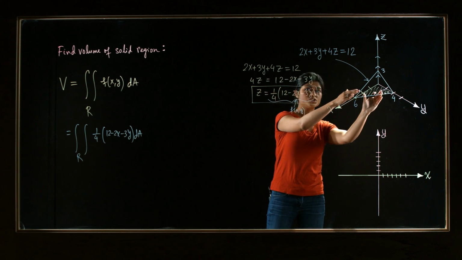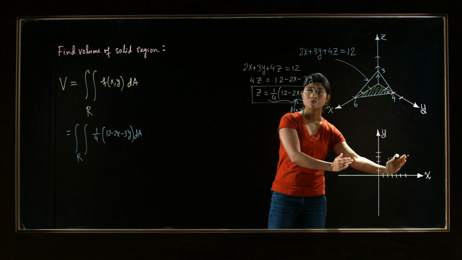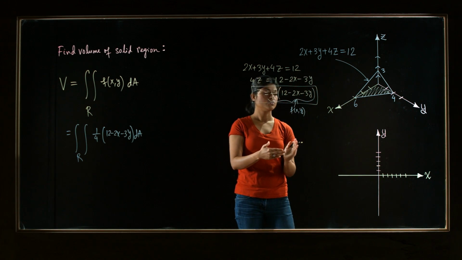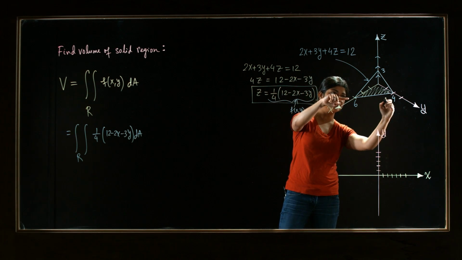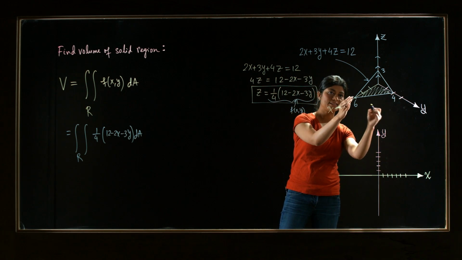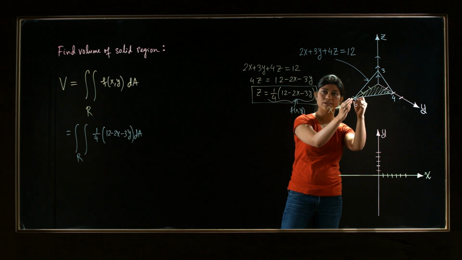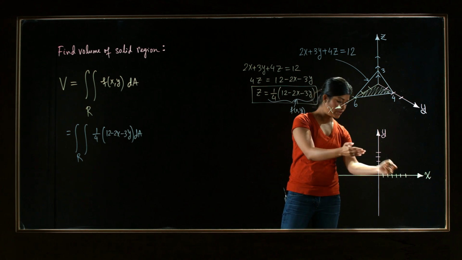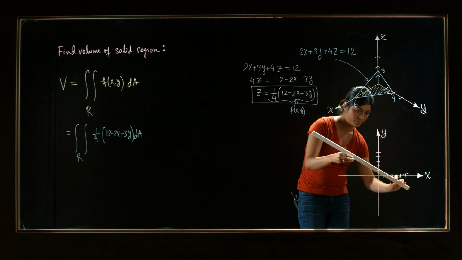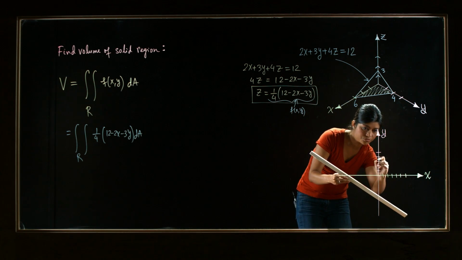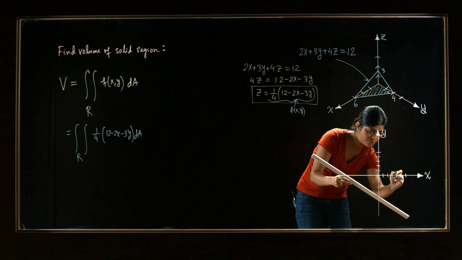Now, let's try to understand that region in two dimensions so that we can figure out the bounds for x and y. You see that there's a line and it's passing through 6 and 4, 6 on the x and 4 on the y. So, we can immediately graph it here, 1, 2, 3, 4, and here 2, 3, 4, 5, 6.